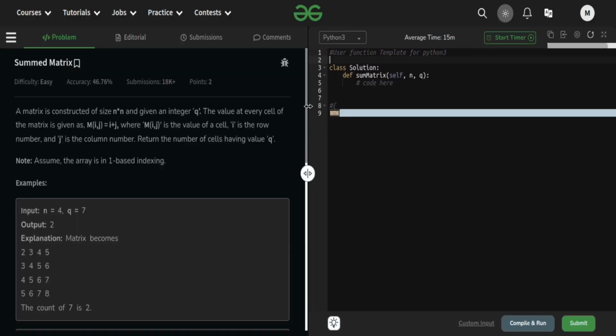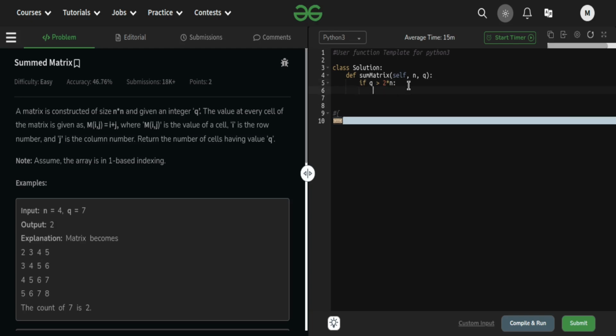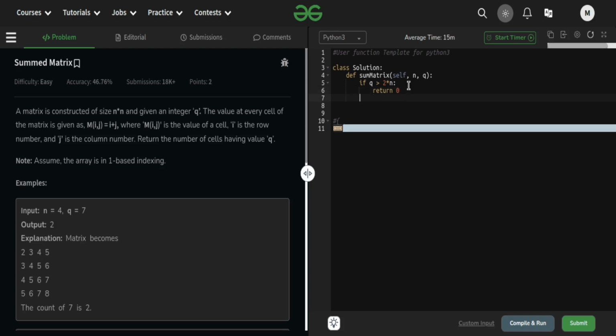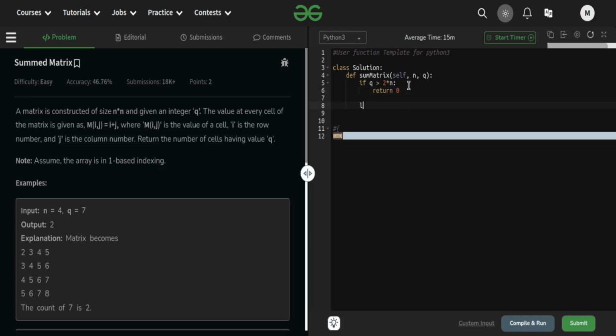So first, let us implement this in Python. The first thing we are going to do is check whether q is greater than 2 into n. If q is greater than 2 into n, then there isn't any cell containing q, because of which we can return 0. Otherwise, we need to compute the longest diagonal sum, and the value of the longest diagonal will be 1 plus n.